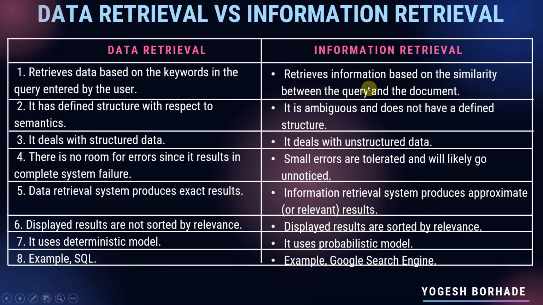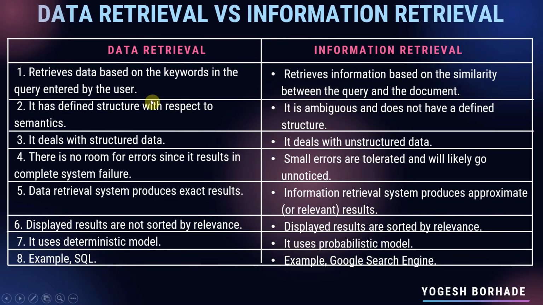And in information retrieval, we type a text or a sentence inside the search box which is provided on the Google search engine, and depending upon the similarity between the text that we have entered in that search box and the document repository, whatever documents are stored inside that document repository, it will display those records which match with our query.